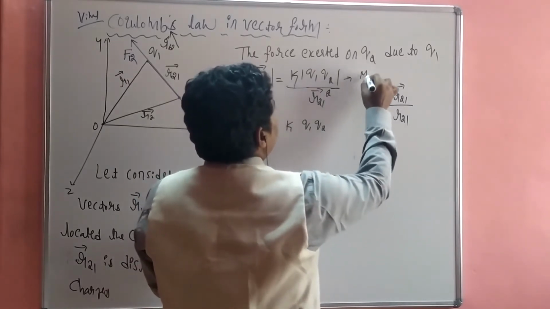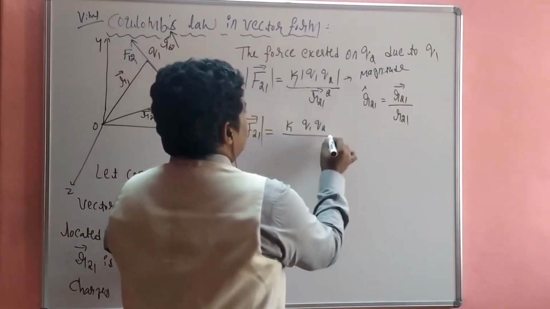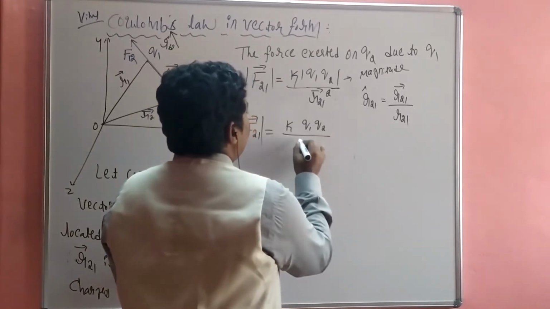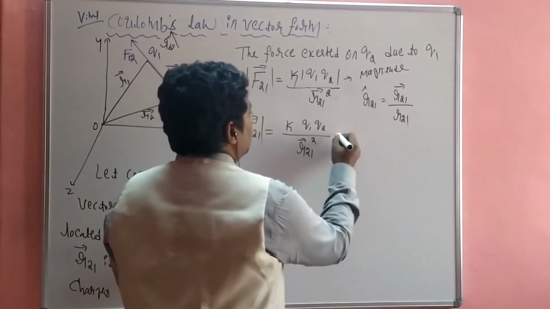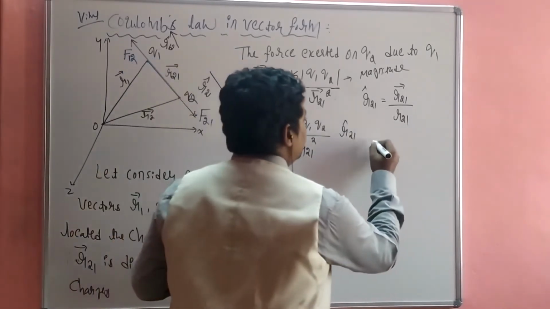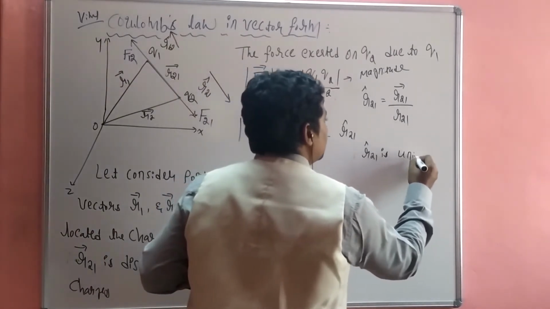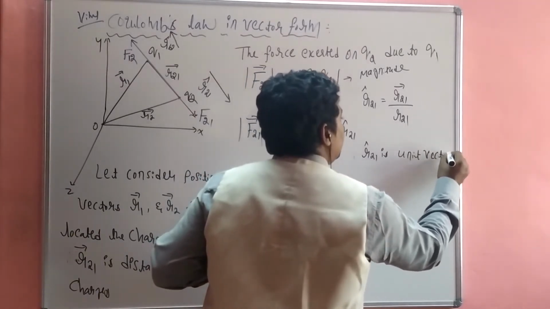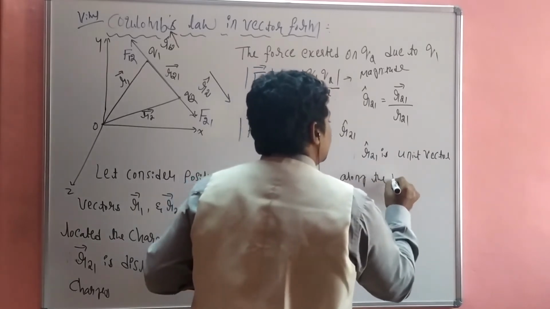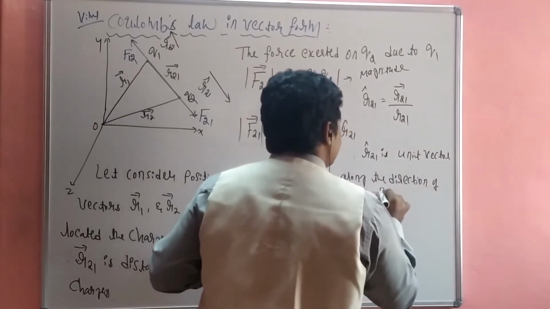So this is only magnitude divided by R21 vector square, into R21 cap. So R21 cap is a unit vector along the direction of force.